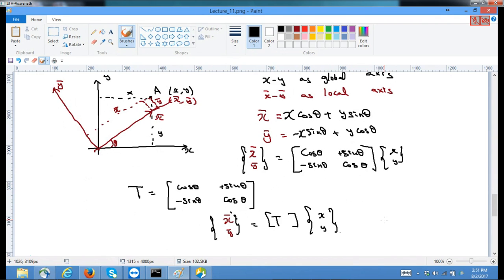This T matrix is called the transformation matrix.